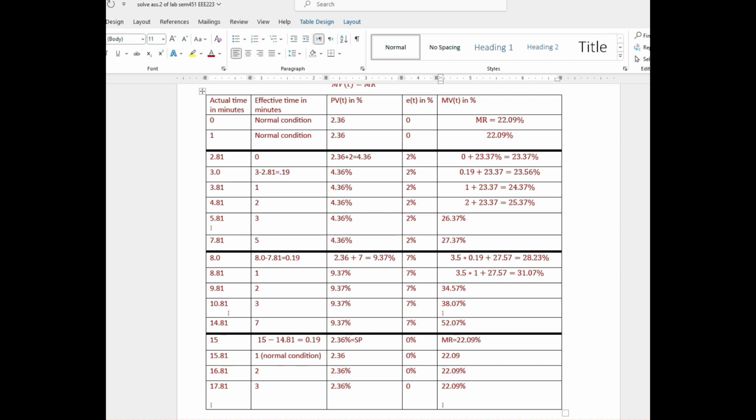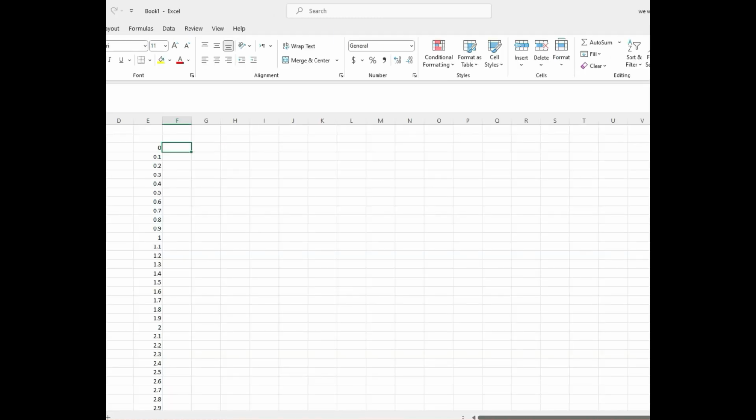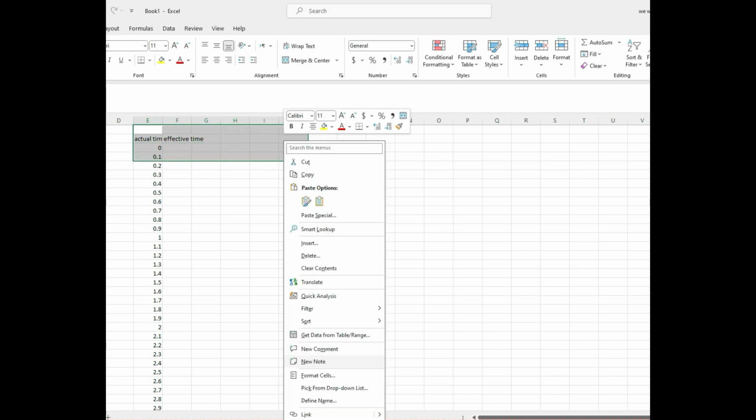So here we'll take this table and apply it anywhere in my Excel sheet. Remember that when I substitute our actual time, we fill it using the fill options by the series. Now in this part, which is the effective time, this one the actual time. Let me make it more clear.